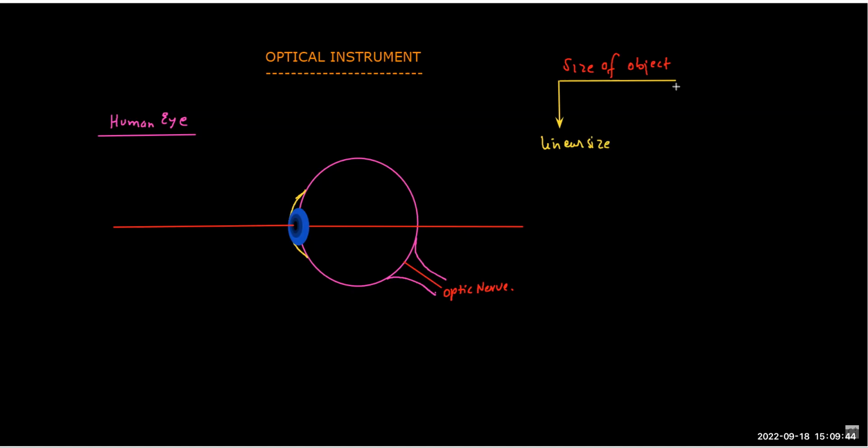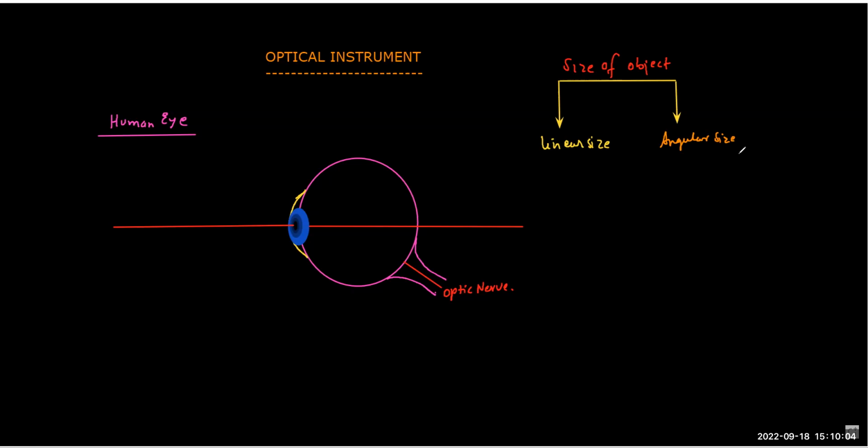But there is another size of the object which we perceive. And when it comes to the perception of the size of the object, what we really care about is called the angular size, or you can say angular dimension.